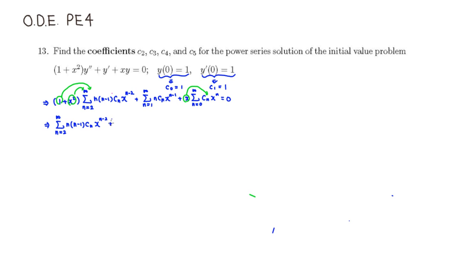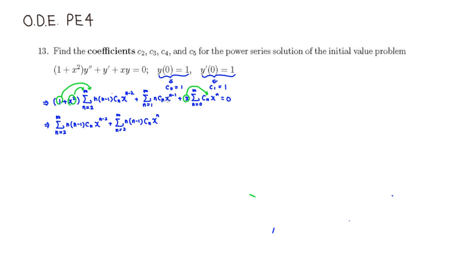Plus you have a summation, n goes from 2 to infinity, and then you have n times n minus 1, Cn, then you have x to the n, just n, because you have x squared and x to the n minus 2, so you have x to the n.